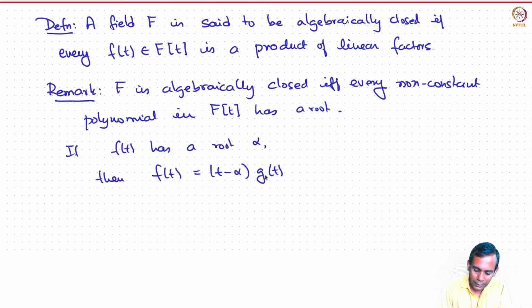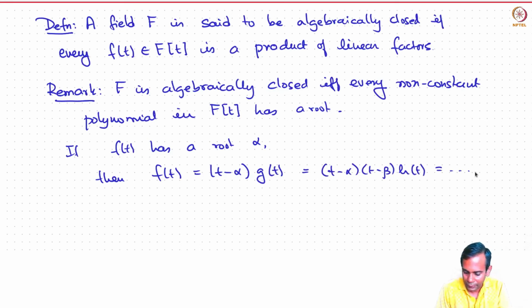And now by our hypothesis, g(t) has a root, and so then g(t) can be written as (t minus beta) times h(t), and so on until finally you get a resolution of f(t) into a product of linear factors. The last thing will be a constant, and so you'll get a constant times linear factors from t minus alpha, t minus beta, and so on.